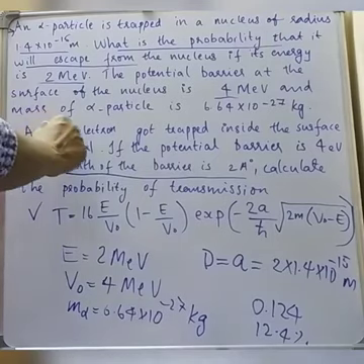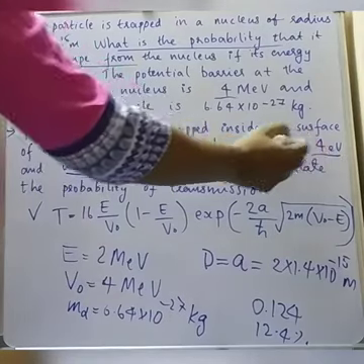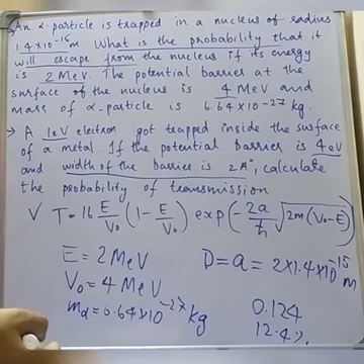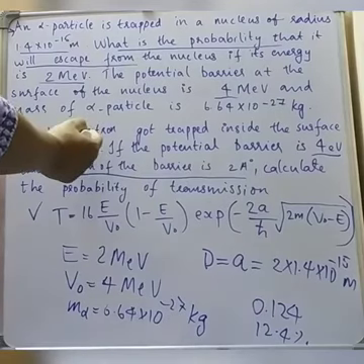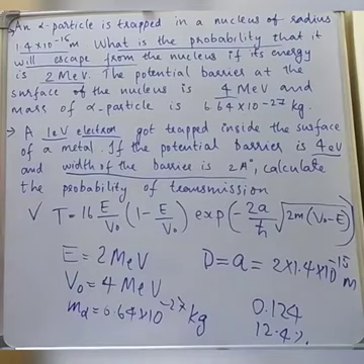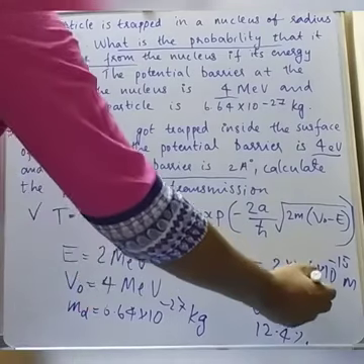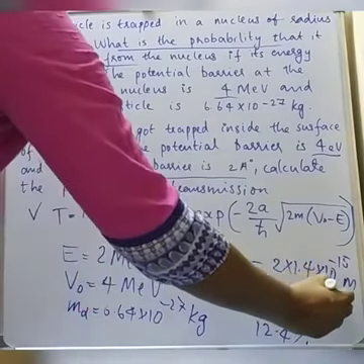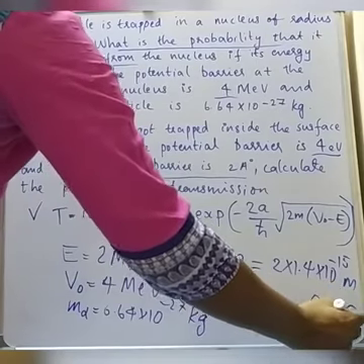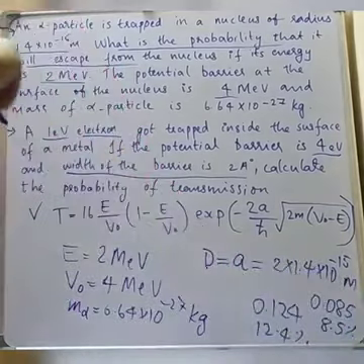Energy of electron is given, potential barrier is given, width is given, and the mass of electron is known. So substitute all the values. Again, in a similar way we can calculate. The answer will be 0.085. In percentage, it is 8.5%.